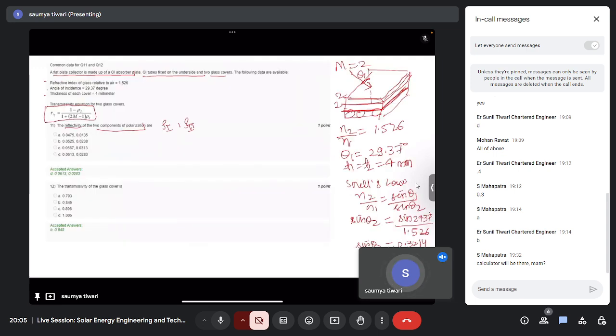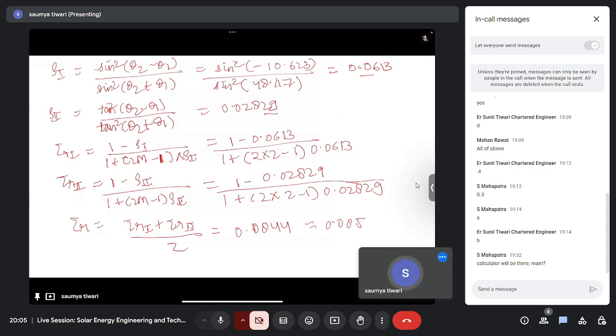Okay, so there might be some calculation mistake, but the formula and the method are the same.